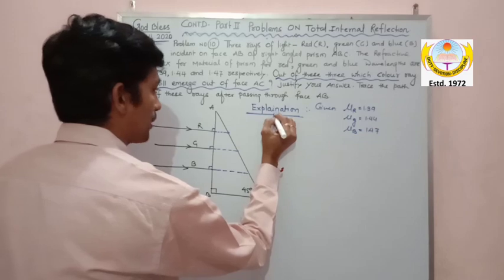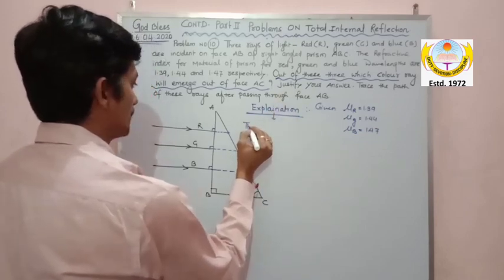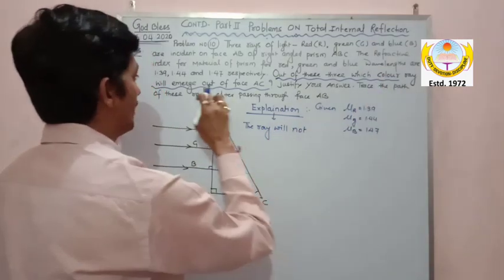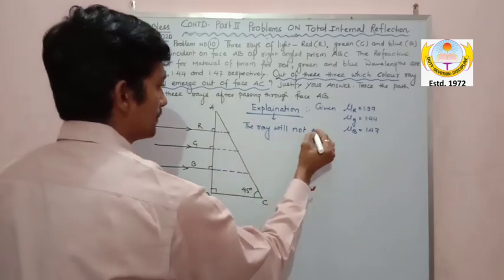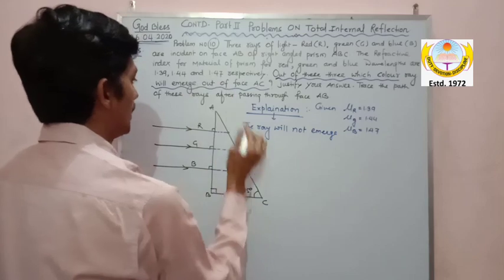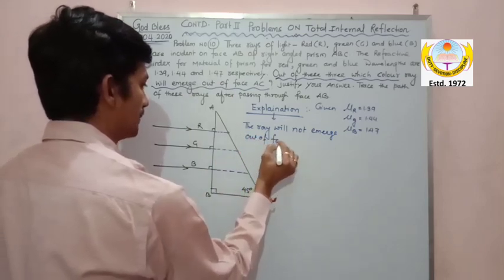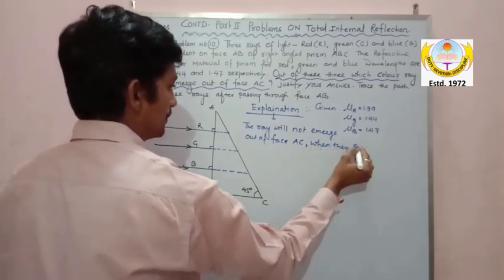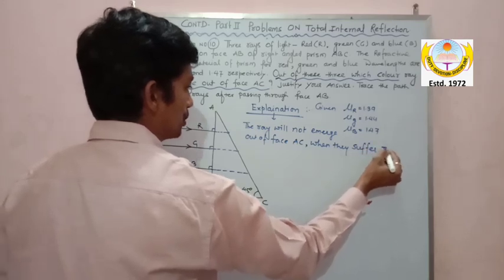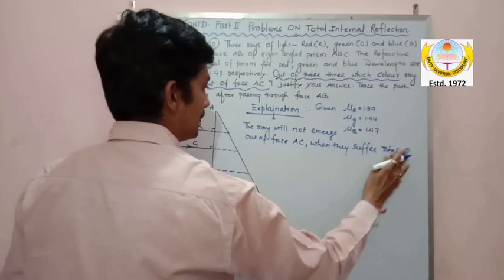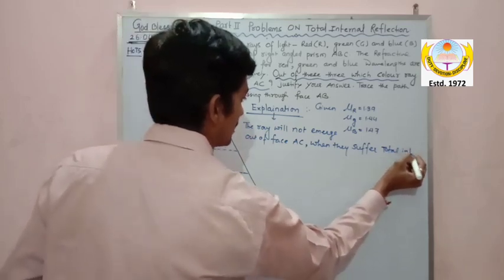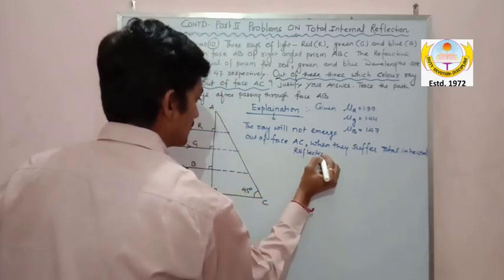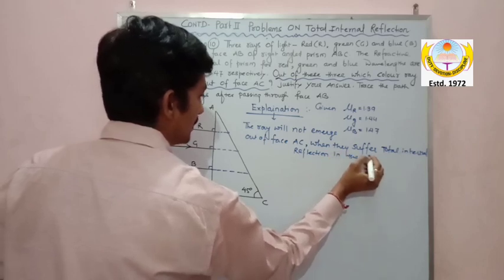So here, my dear, the very important point: the ray will not emerge out of face AC when it suffers total internal reflection in the glass prism.